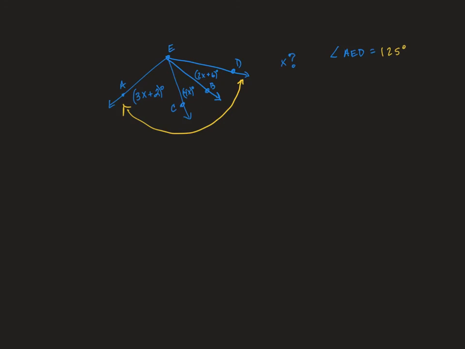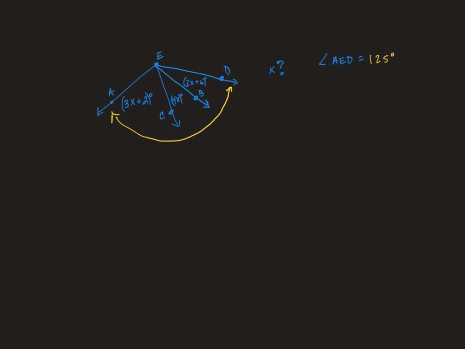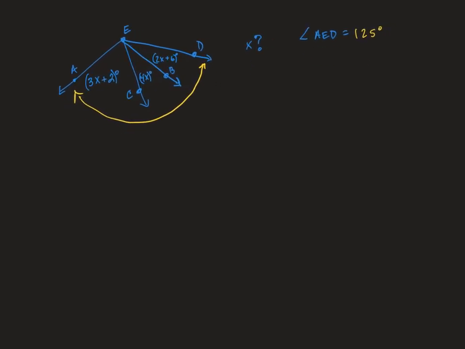Okay, so then I know that the measurement of AED is going to be equal to the measurement of angle AEC plus the measurement of angle CEB plus the measurement of angle BED.